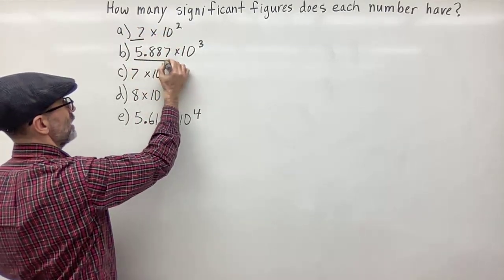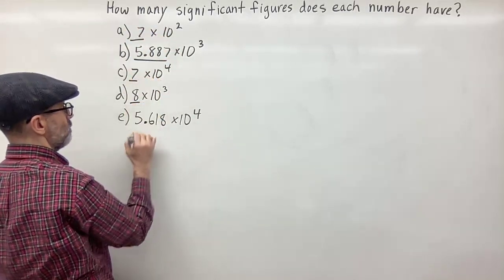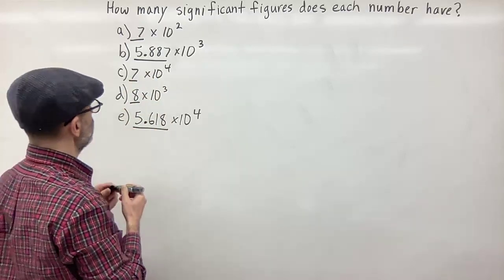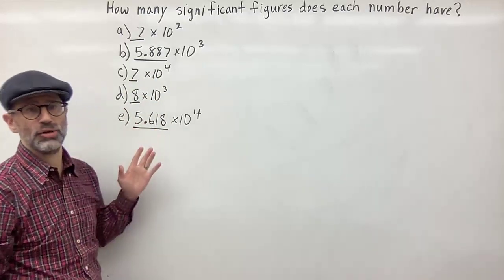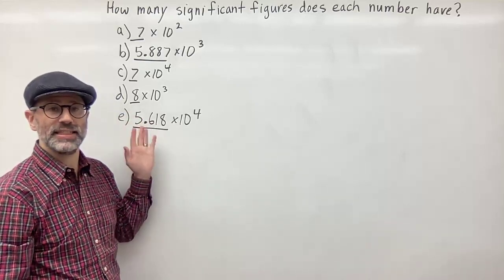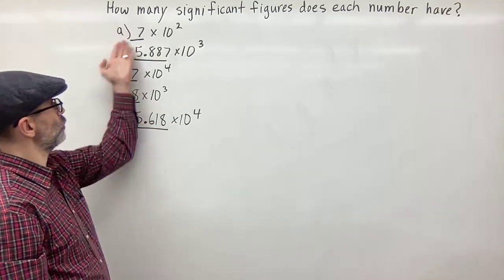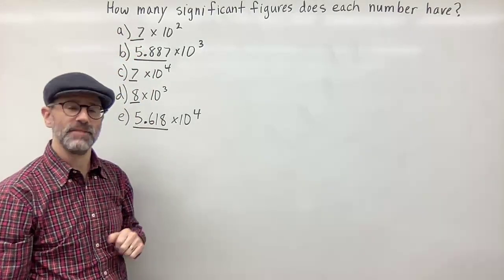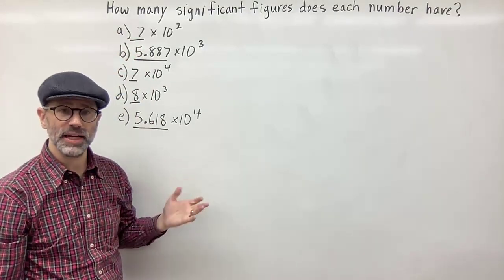All we need to do is count the number of digits that's given to us. Any digit in this first part is automatically going to be significant.